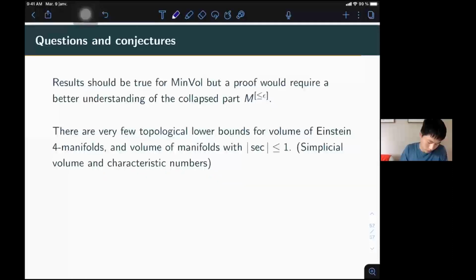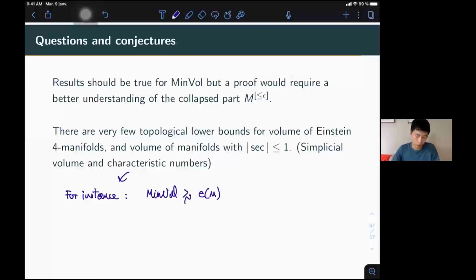So for characteristic numbers, for instance, you can bound the minimal volume or the essential minimum volume by the Euler characteristic. We already saw that. But more generally, the minimal volume can be lower bounded by any other characteristic number, if it is non-zero.